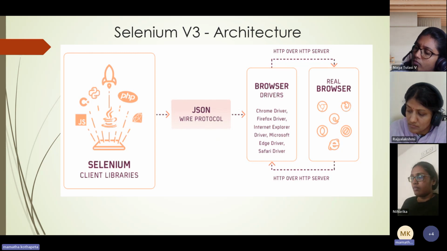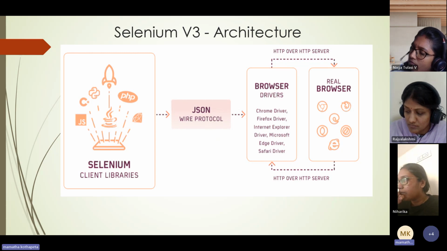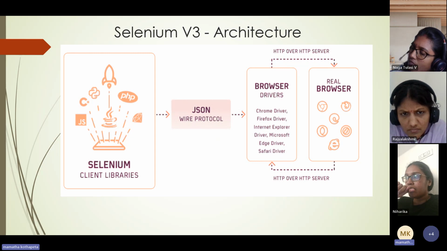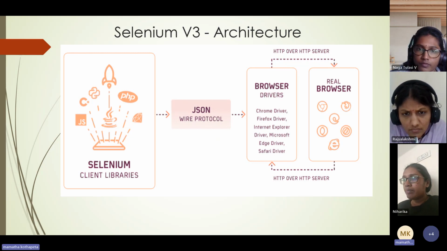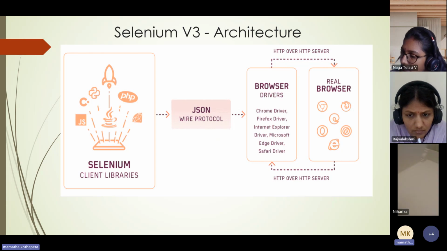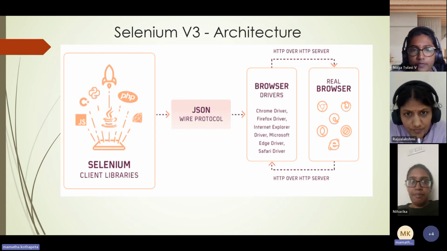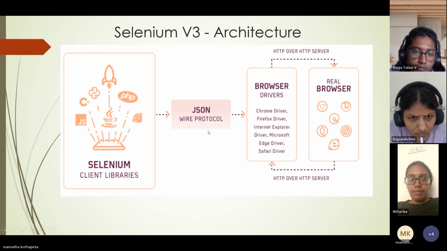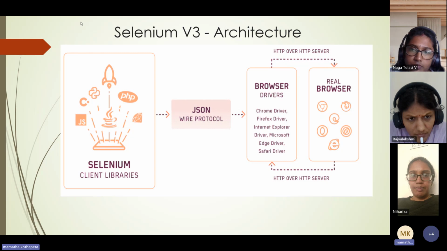It is used in most cases, especially in integration platforms, where there is a huge amount of data moving around. When Selenium 3 was implemented, in our case the request, the script information, the commands coming from the system are transferred with the help of a JSON wire protocol.